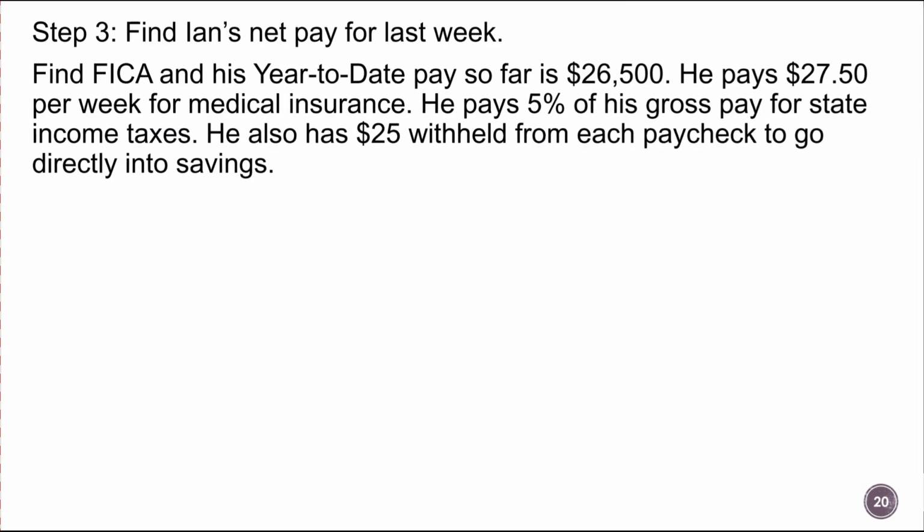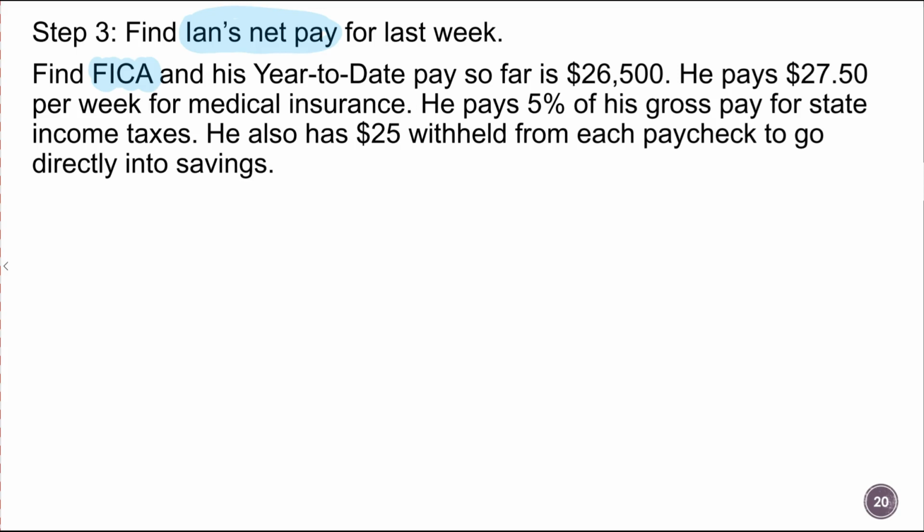Okay. Now this last part is kind of putting this all together. It says find Ian's net pay, and we're going to find all these different things. So we're going to find FICA. His year-to-date so far is just $26,500.